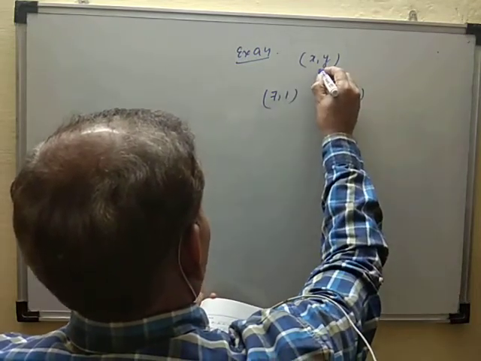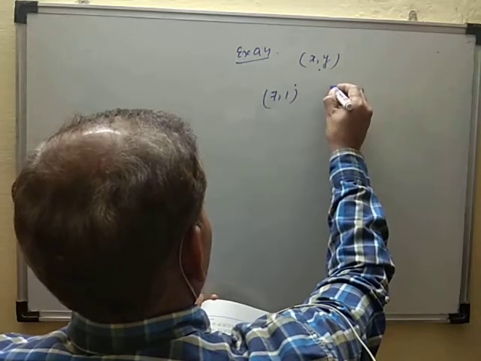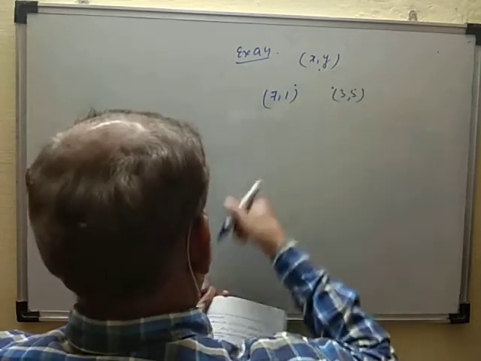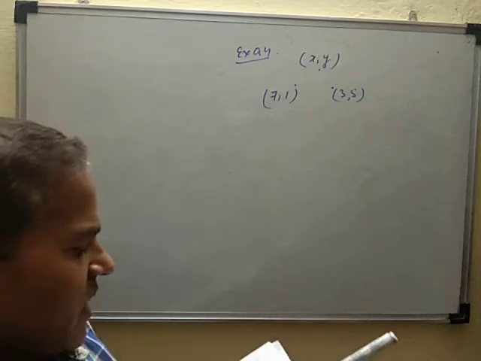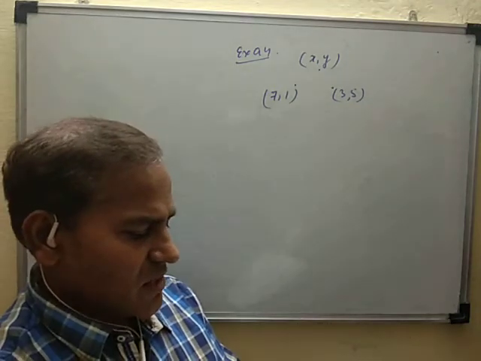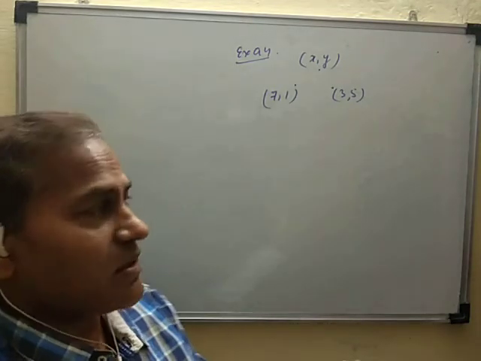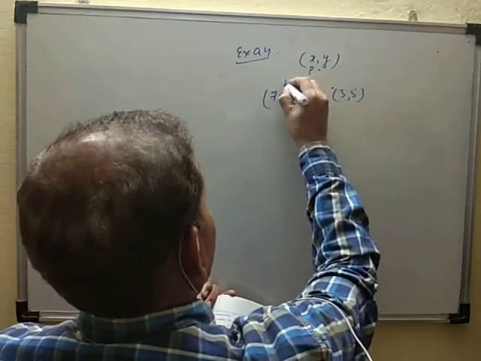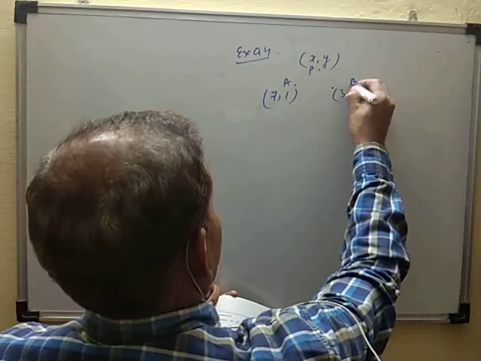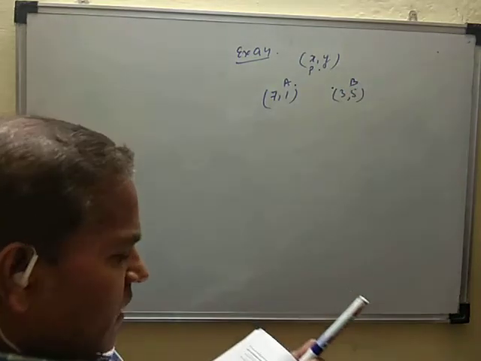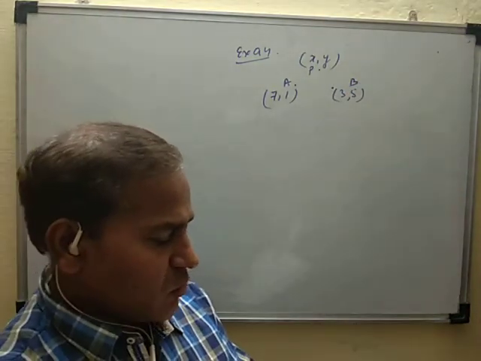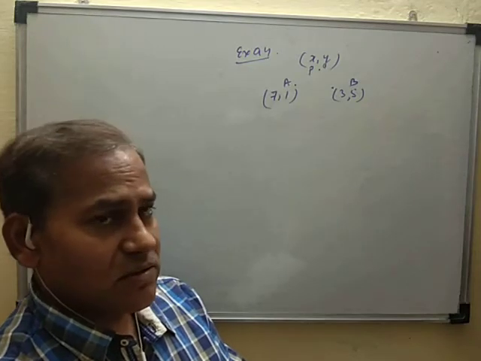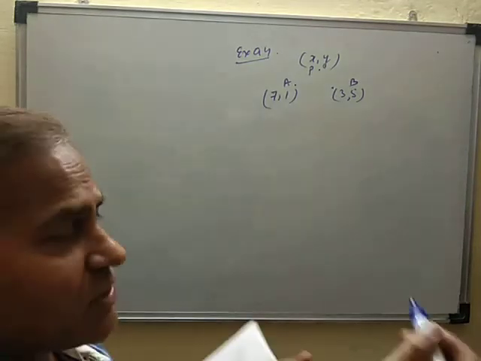Here 1 point xy, 1 point here, other point here, and what is the given? Find a relation between x and y such that point xy, suppose this point is P and this one point A and this is suppose B. So point xy is equidistant from the point 7 1 and 3 5, equidistance.